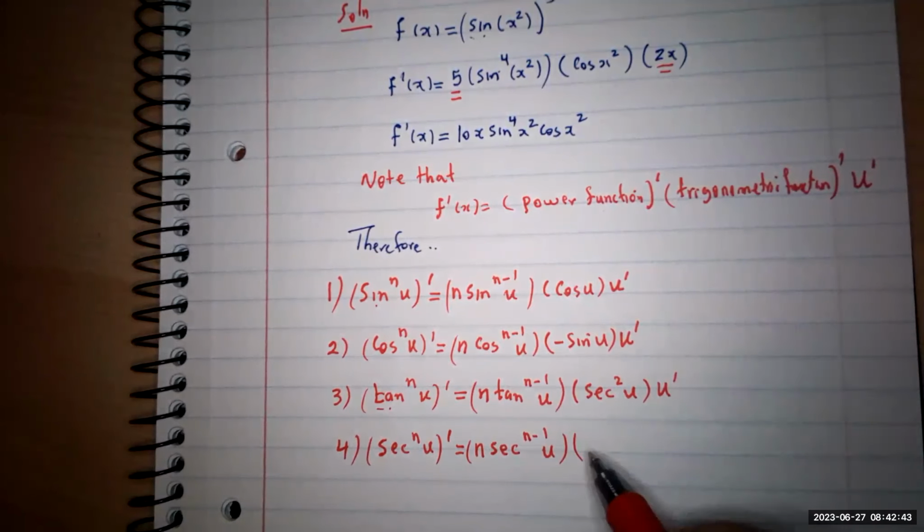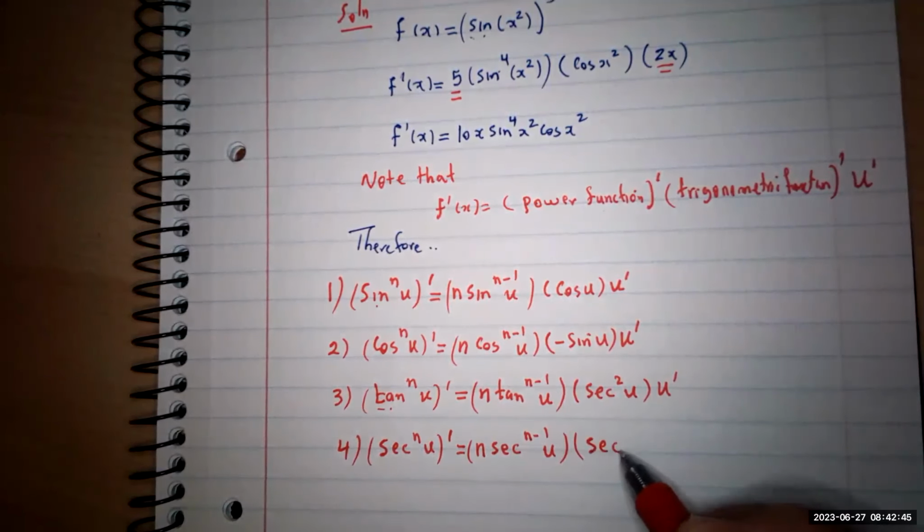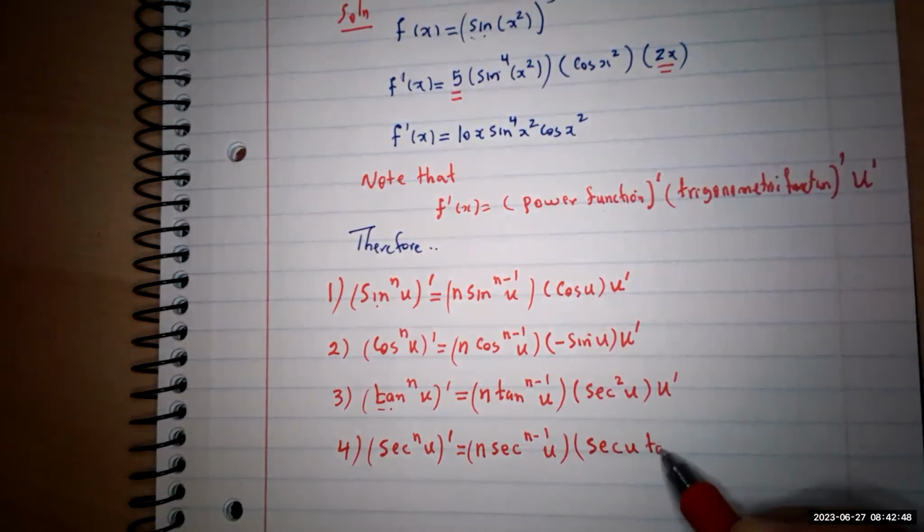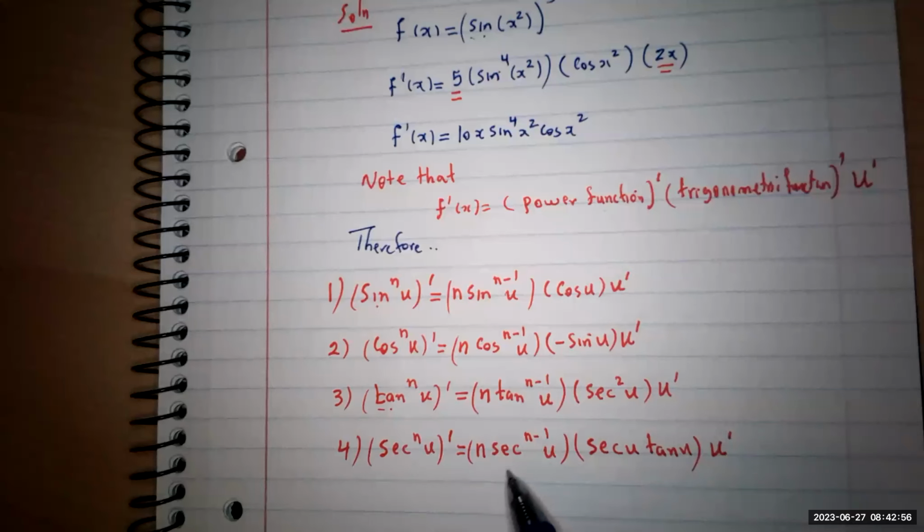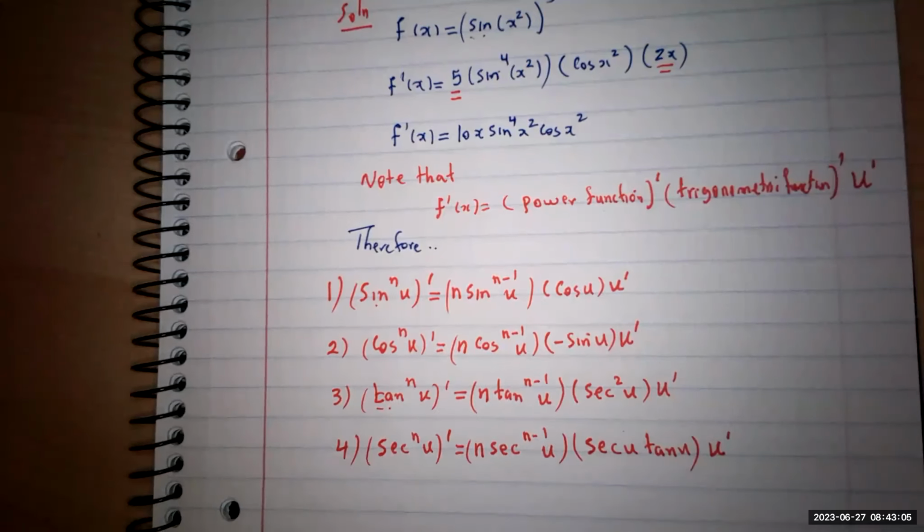The derivative of a secant is secant of u, tangent of u, times the derivative of u, which is u prime. When you do it, then you simplify these two. This secant is to the first power, and this is secant to the n minus 1. So you multiply them together, that gives you secant to the n. So we just leave it like this.